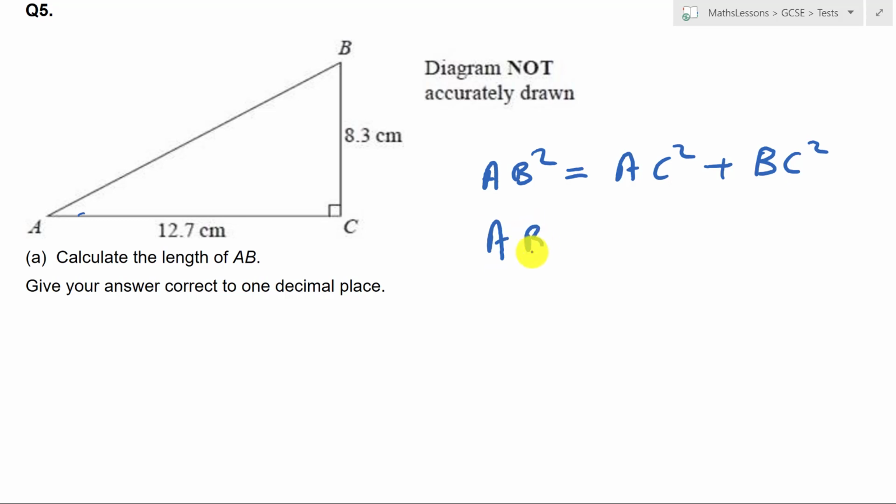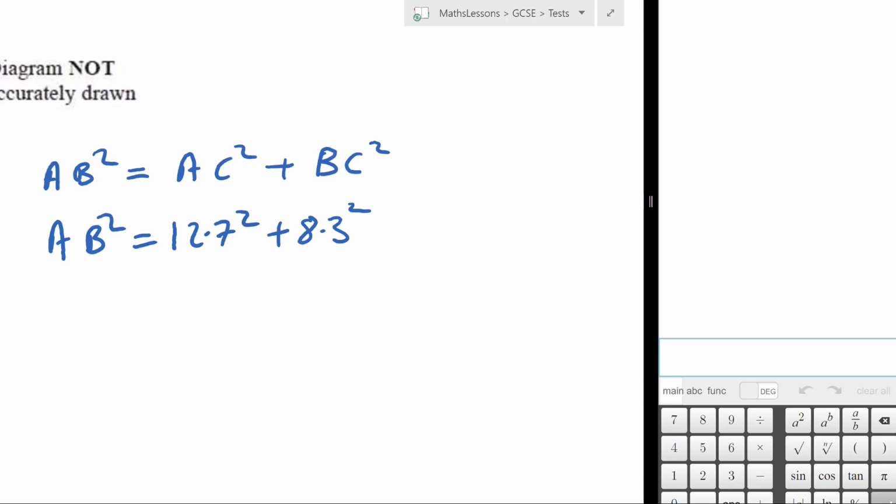So AB squared will equal 12.7 squared plus 8.3 squared. Now if you don't use the Desmos scientific calculator, which you can get at desmos.com, I would highly recommend using this, because you can see all your working and you can go back and check it.